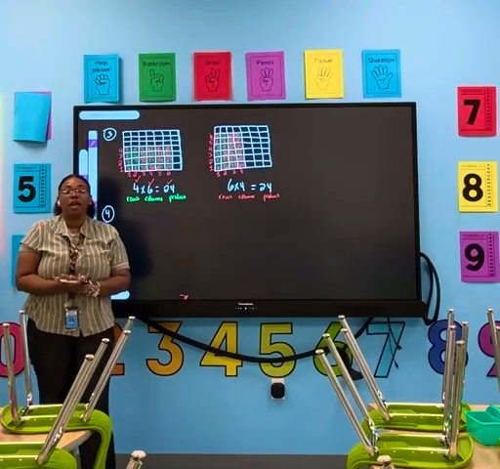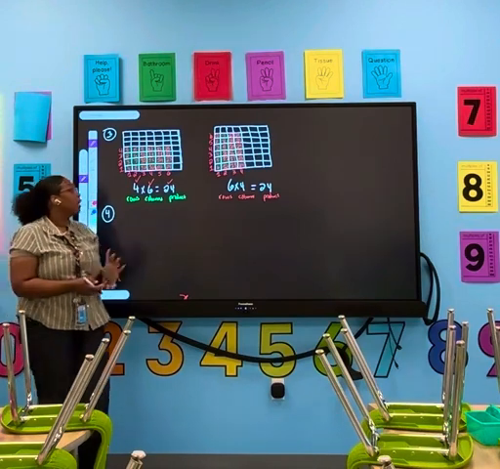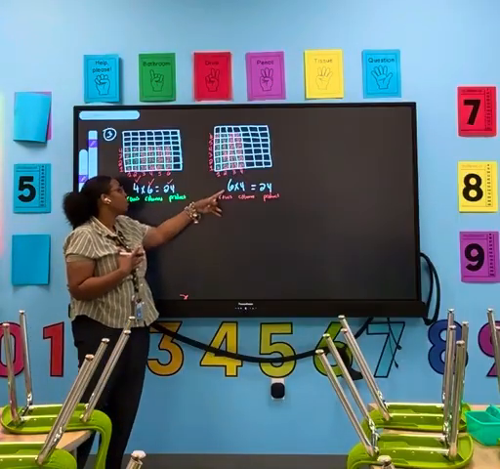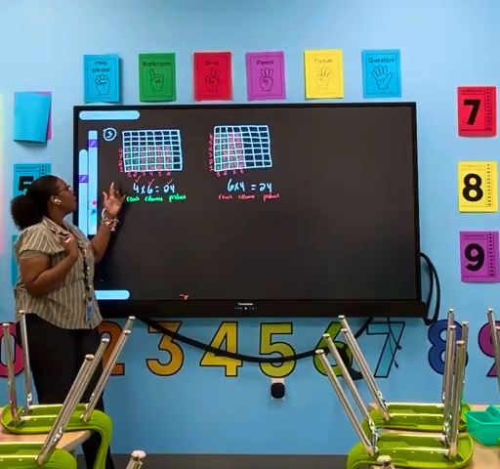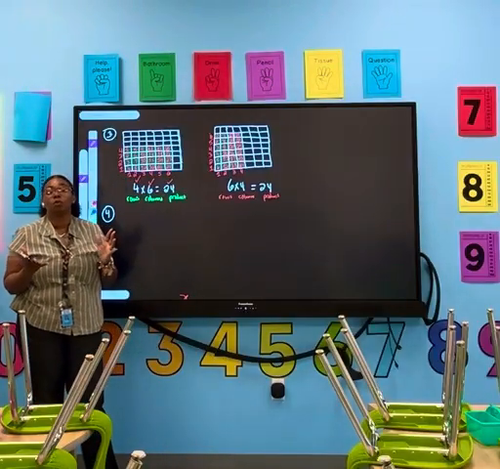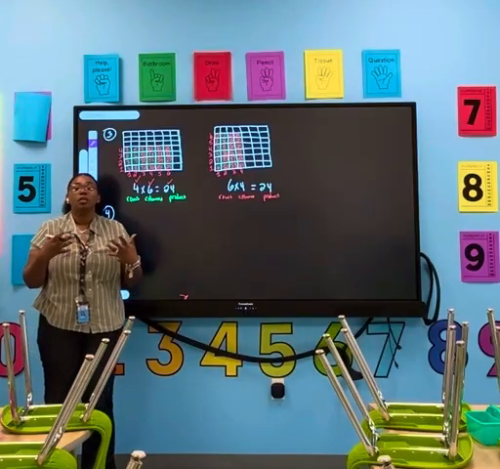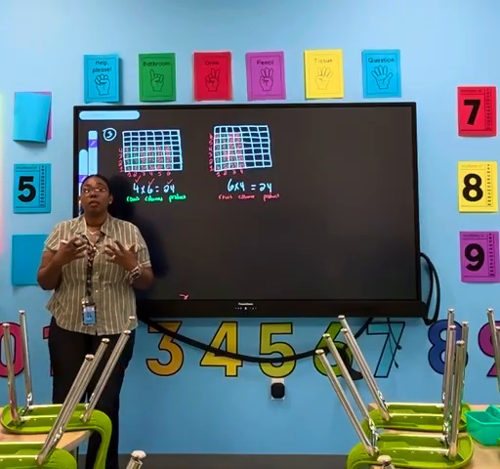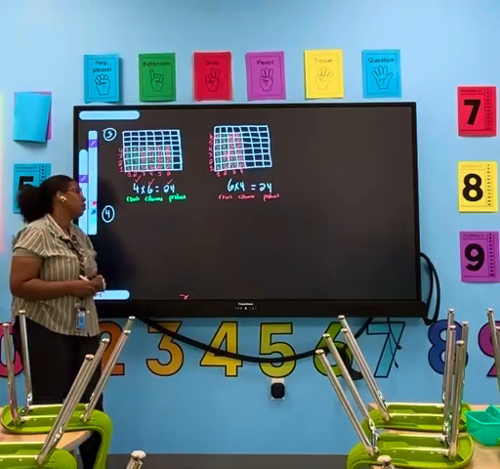The thought they want you to have is to basically look at your factors. How do we know it's going to give me the same product of 24? It's because I have the same factors. I have 6 and 4 that I'm still multiplying together, so that's how I know it's still going to give me the same total amount of blocks shaded in, because I have the same factors.